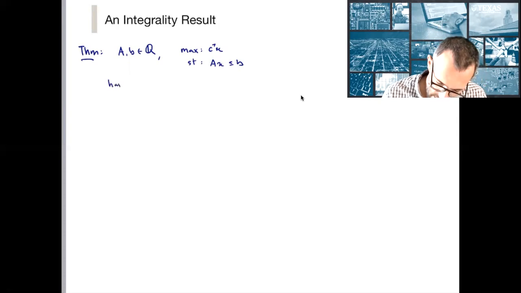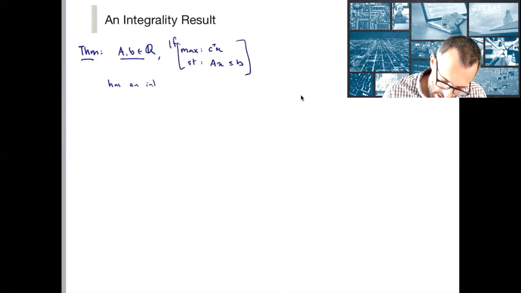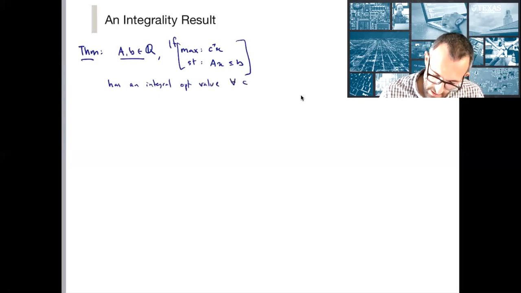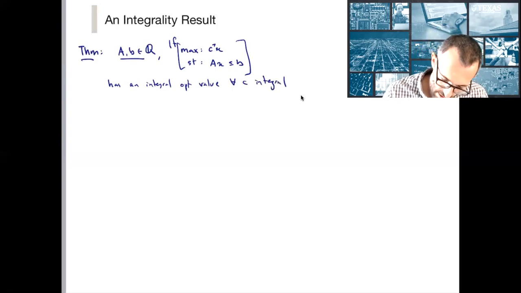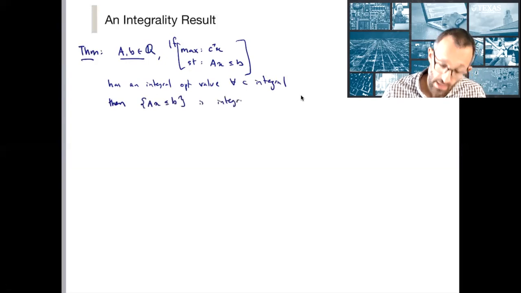So fix A and B. If this optimization problem has an integral optimal value for every c integral, then Ax ≤ b is integral, meaning it has integral vertices.